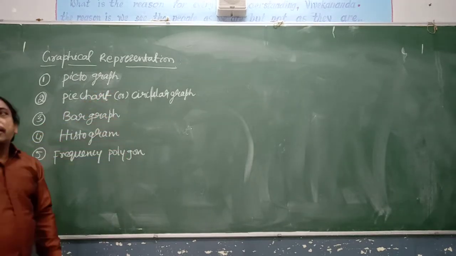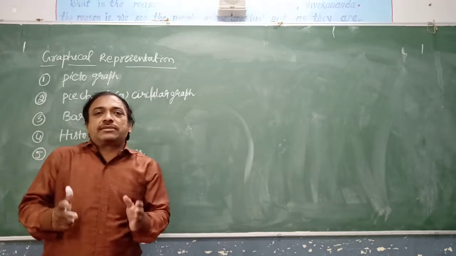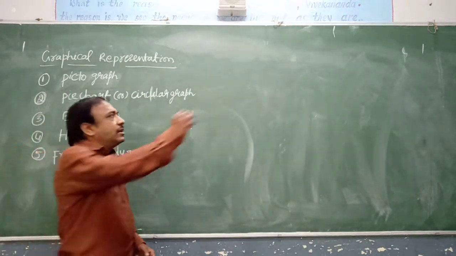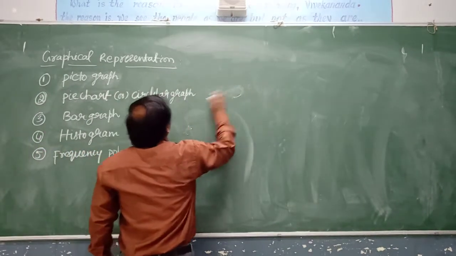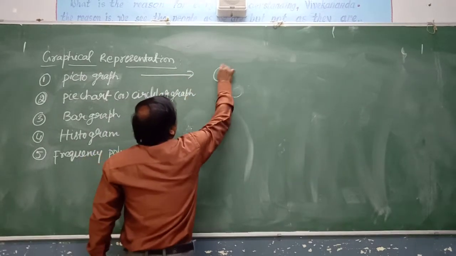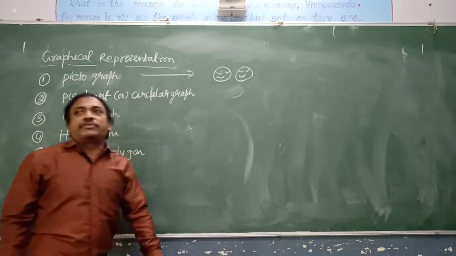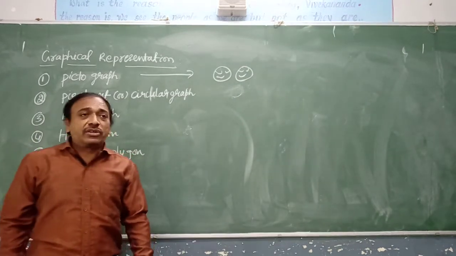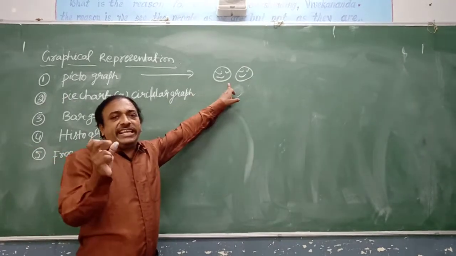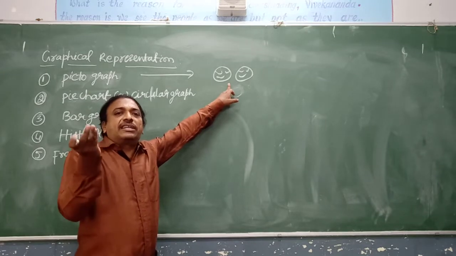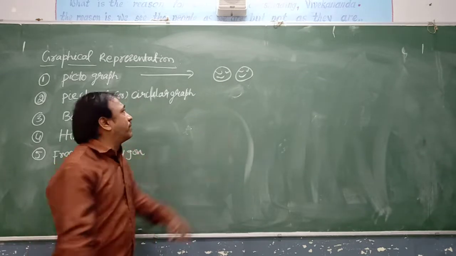By using pictures we represent a pictograph. Pictorial representation of given data is called a pictograph. Each picture represents some 100 or 1000 based on the given information.